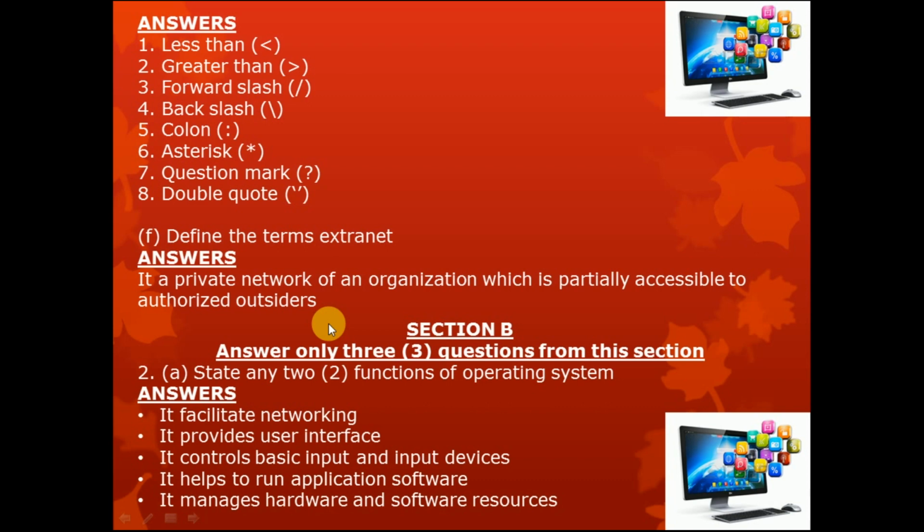Now let's look at question 2. State any two functions of operating system. Remember, operating system is also the system software. Now, 1, it facilitates networking. 2, it provides user interface. 3, it controls basic input and output devices. 4, it helps to run application software.